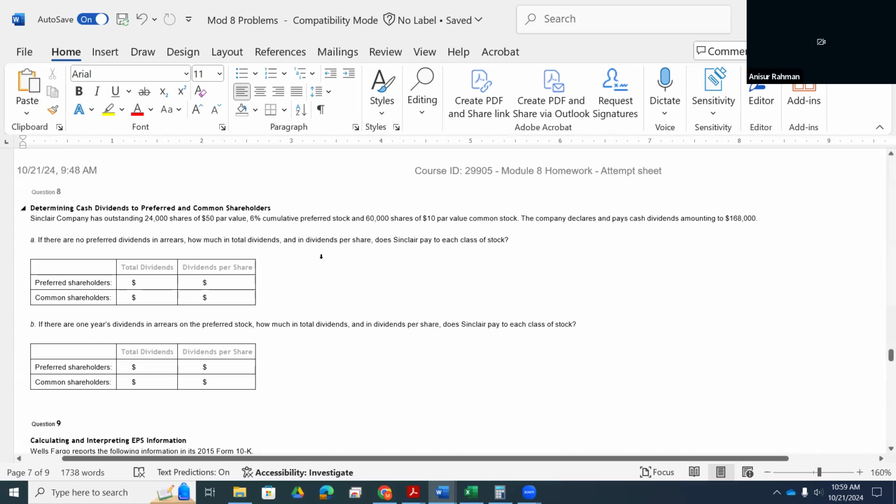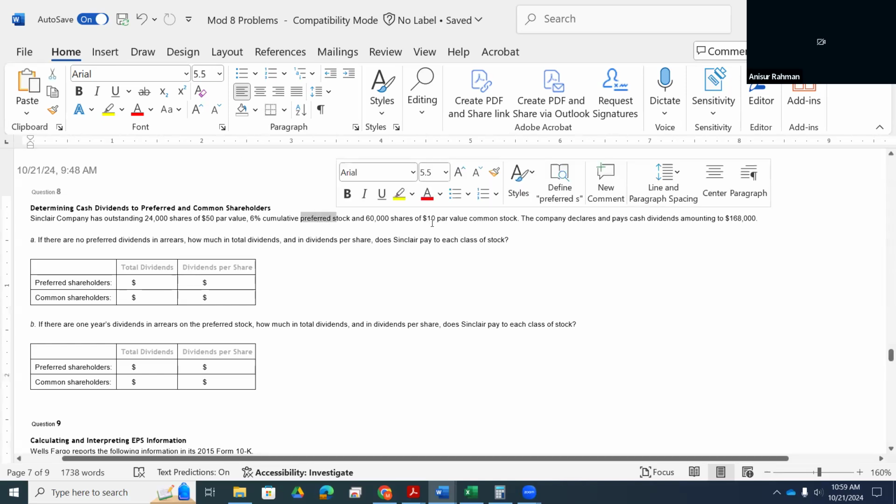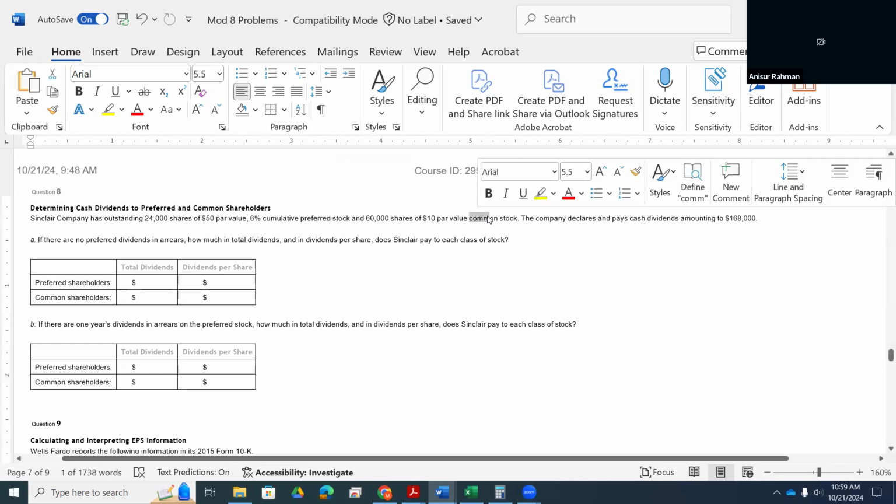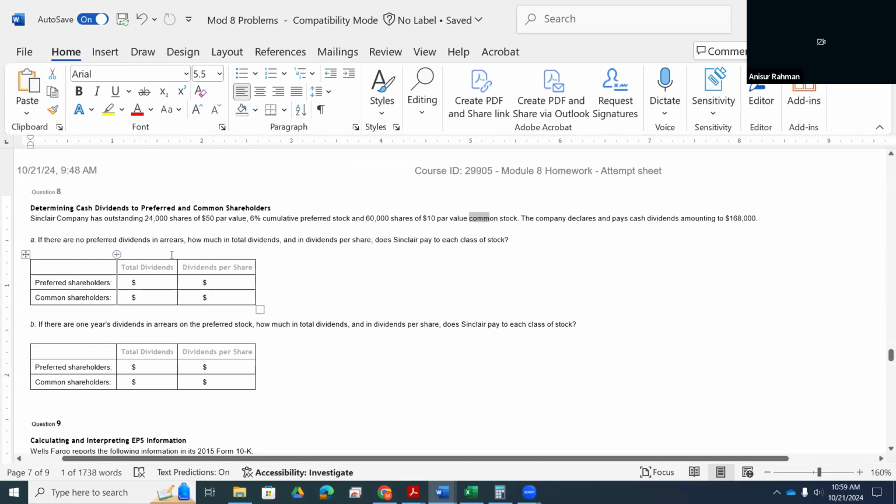So we have preferred stock and common stock. The company declares and pays cash dividends amounting to $168,000. If there are no preferred dividends in arrears, how much in total dividends and in dividends per share does Sinclair pay to each class of stock?